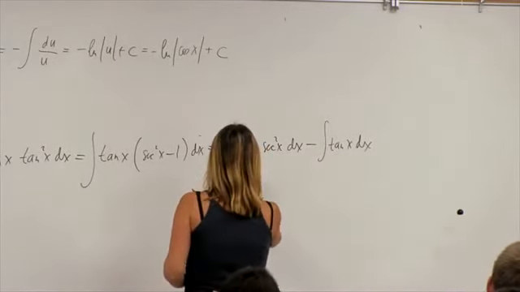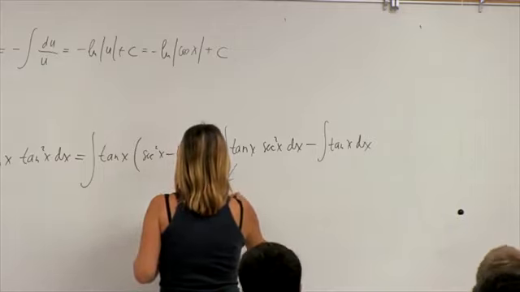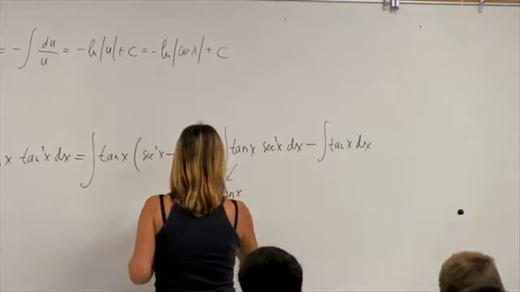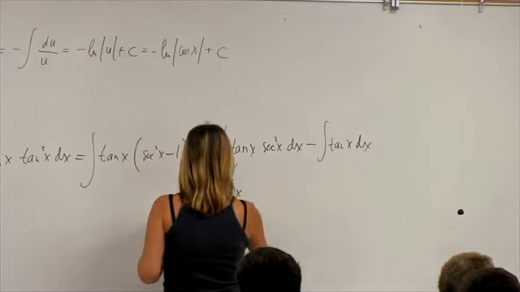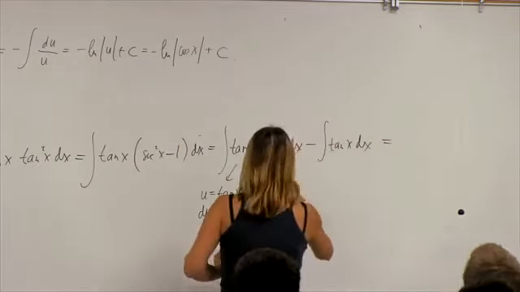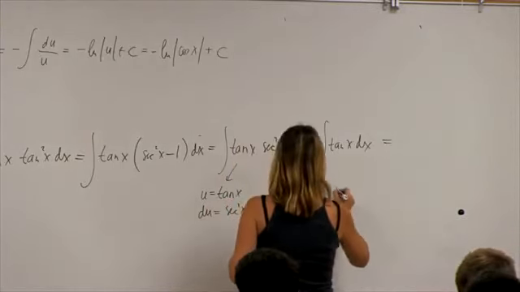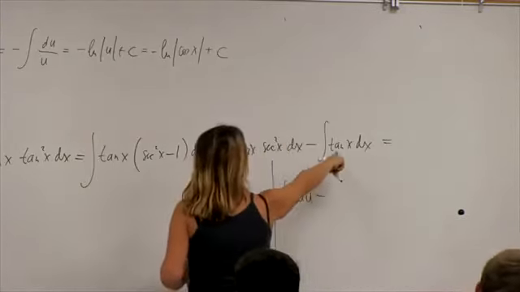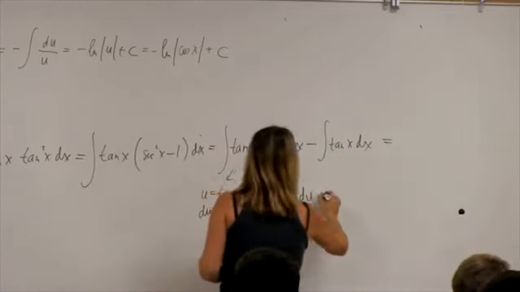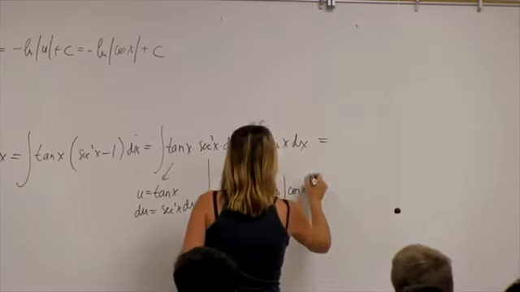So for this integral, we can use a substitution. u equals tangent x, and du is secant squared x dx. So let's continue. We have u du simply minus, and for this one we use the result that we obtained, log of cos x.